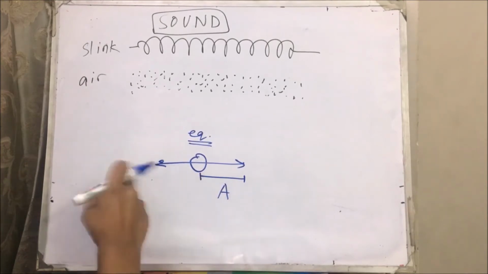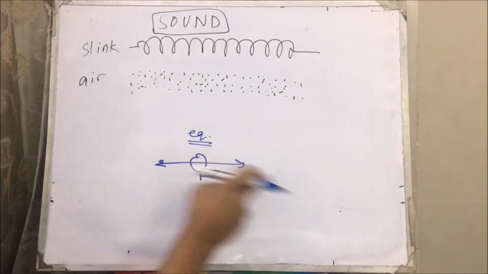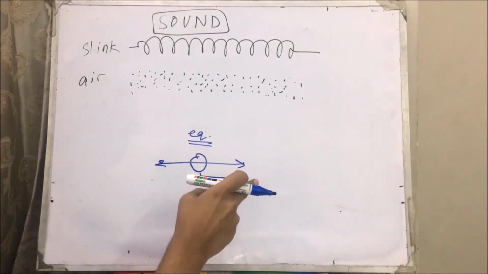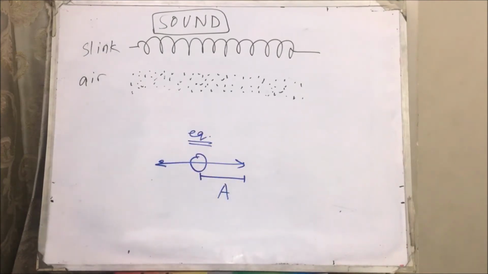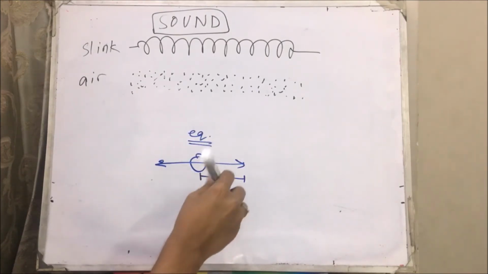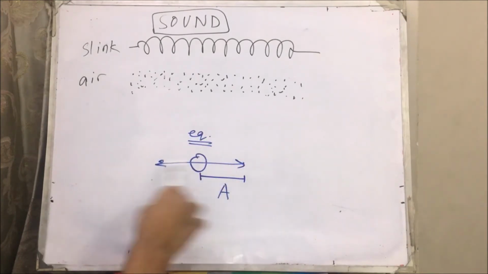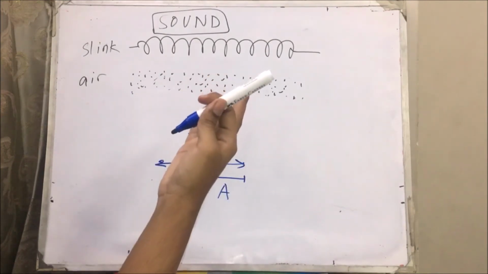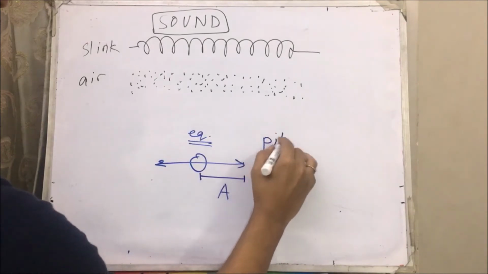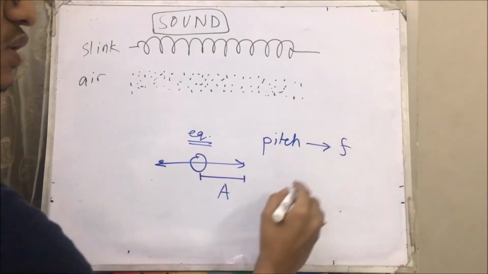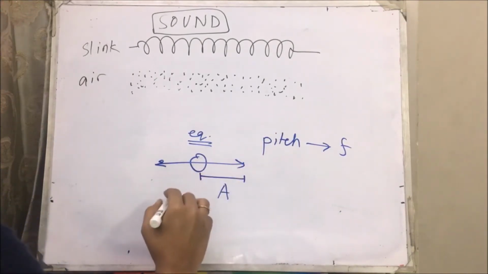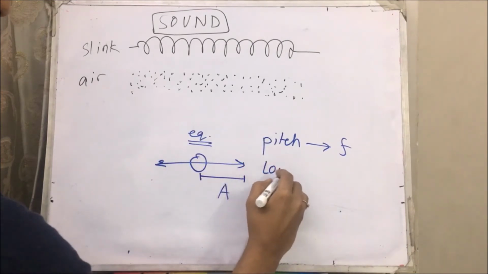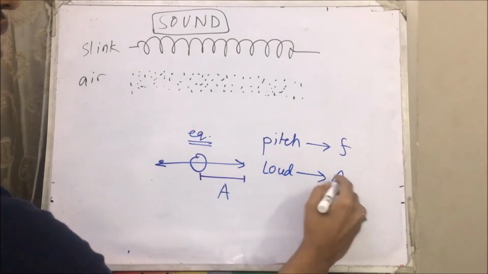The louder we talk, the further the air molecule moves from its equilibrium position, and the louder our voice sounds. And pitch of the sound depends on its frequency, how fast the molecule is moving. If the molecule is moving slow, then our pitch is low, and if the molecule is moving very fast, our pitch is high. Okay, so the pitch of the sound is dependent on the frequency of the air molecule, and the loudness is dependent on the amplitude.